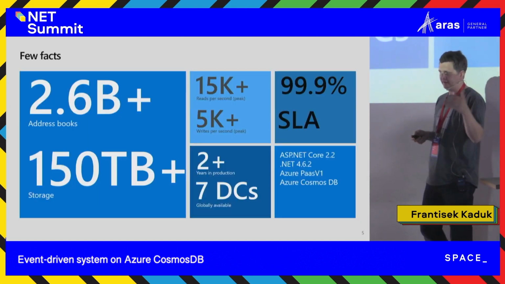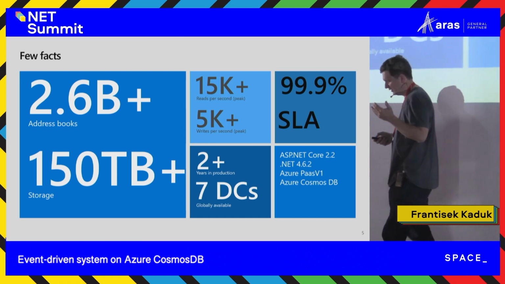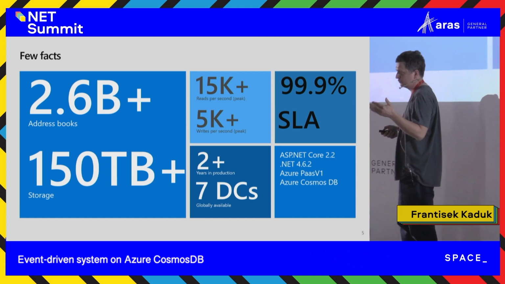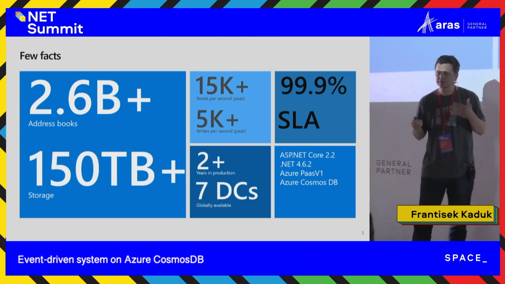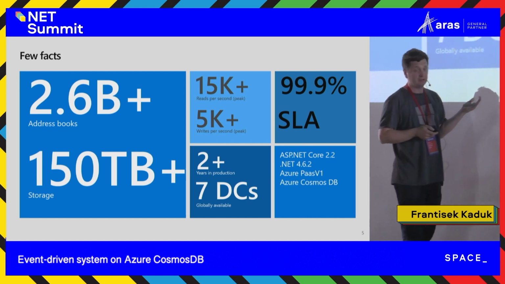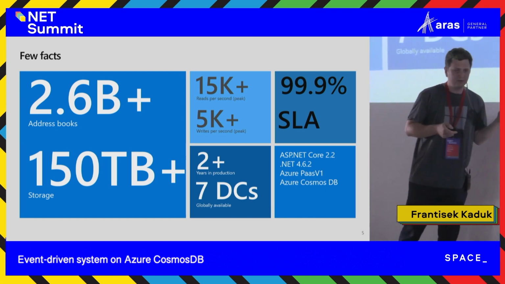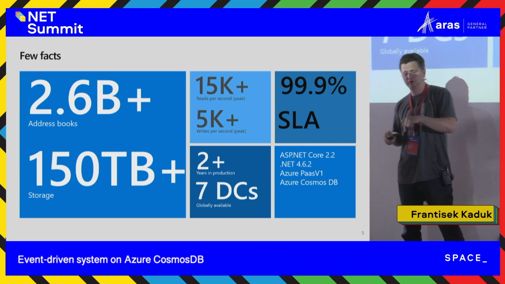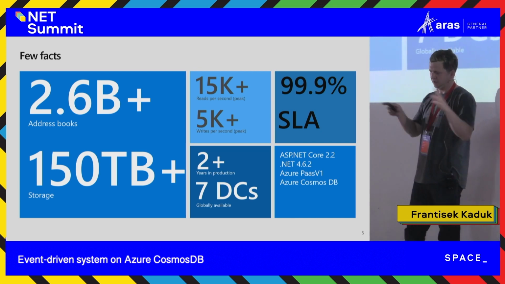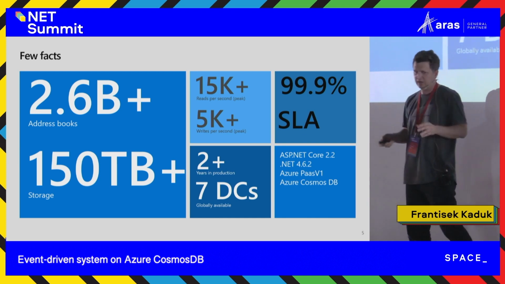Just a few facts about our system which we are running. We are serving more than 2 billion users or address books, with a size of 150 terabytes of data. We are running the system, which I will be talking about, for more than 2 years, and we are globally deployed to 7 DCs now.